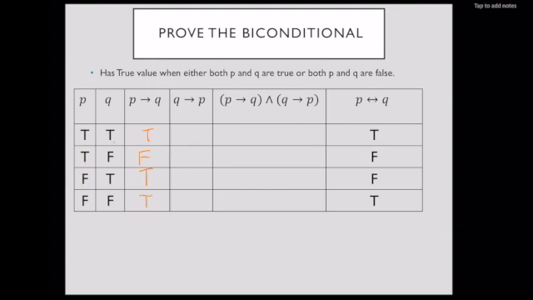True implies true, false implies true, true implies false, that's false, and false implies false, that's true. Now I use the and symbol. Remember, and is only true if both values are true. So that would give me true, false, false, true. And there we have it.